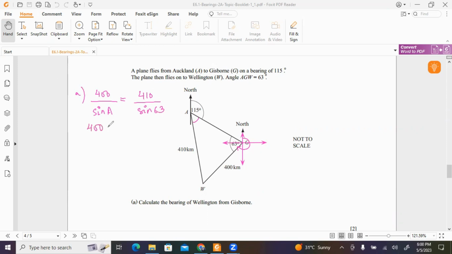So cross multiply: 400 times sine 63 over 410 equals sine A. Plug in the values in the calculator: 400 sine 63 divided by 410, 0.86927, take sine inverse.